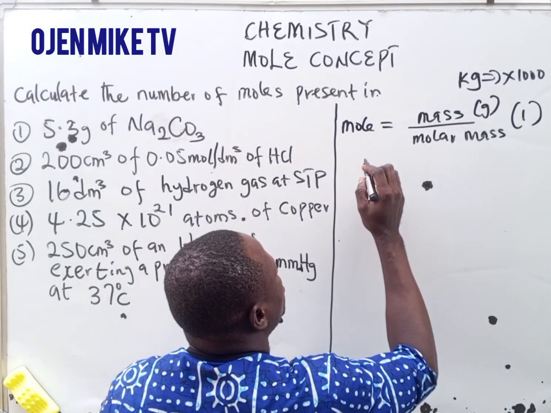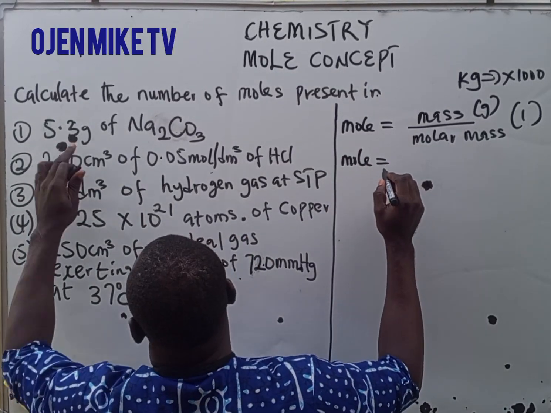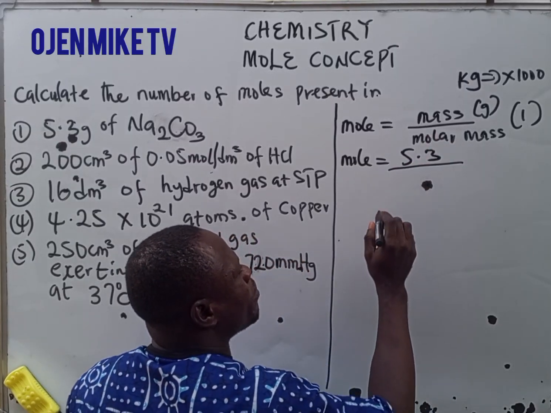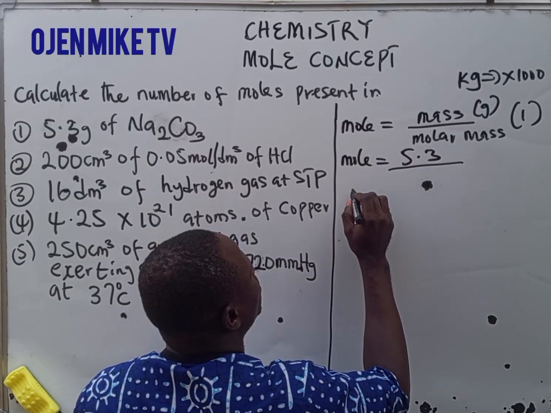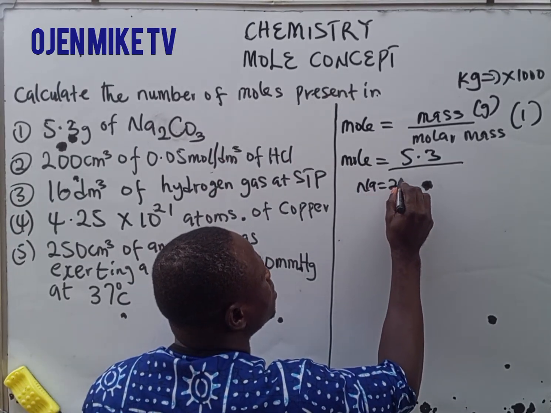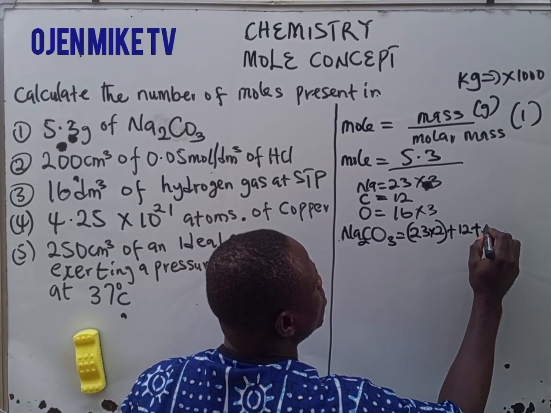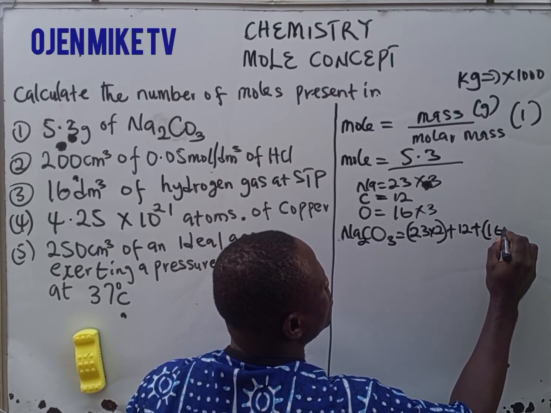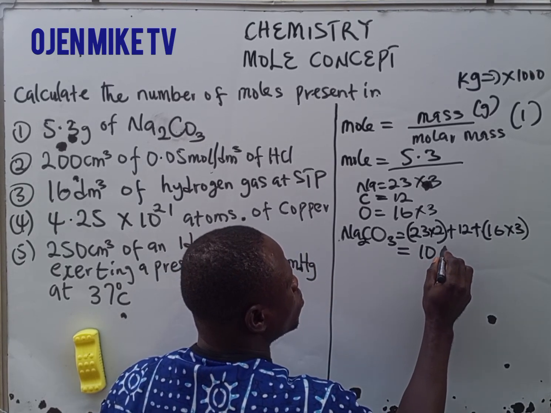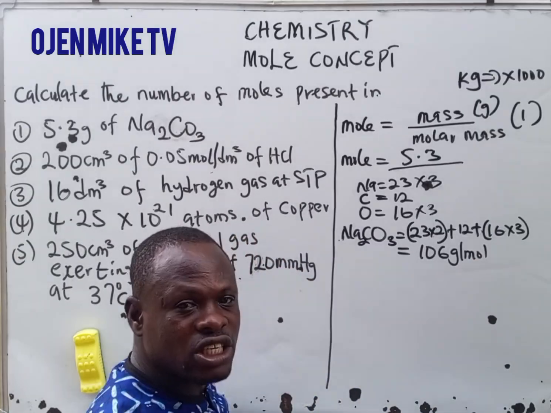The molar mass of sodium carbonate is 23 times 2 plus 12 plus 16 times 3, so at the end you have 106 grams per mole. Molar mass is written in grams per mole.